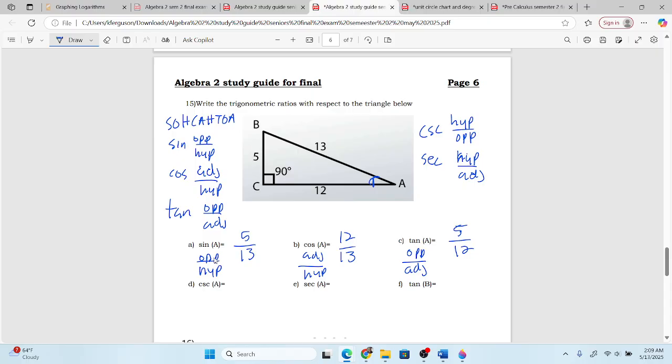So now cosecant, that's hypotenuse over opposite. So that's 13 over 5. And then secant is the opposite of cosine. So that's 13 over 12. And then finally, tangent of B. So now we're taking this as my reference angle. That's opposite over adjacent. There we go. Easy peasy lemon squeezy, right?